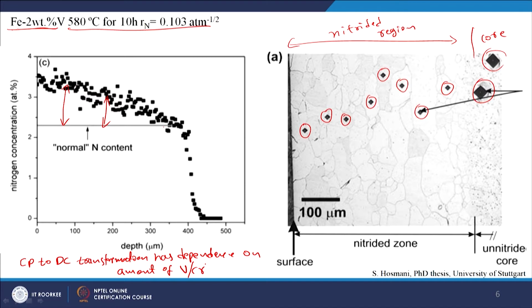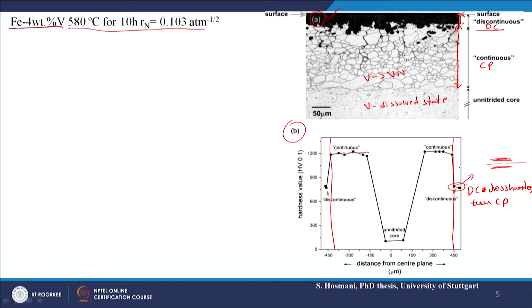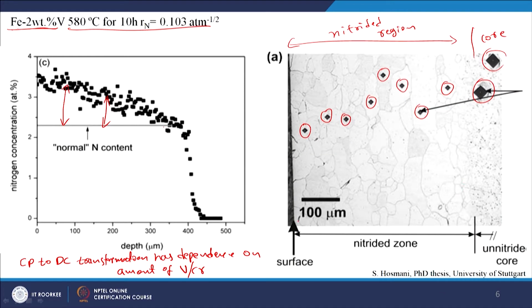As we have seen in the previous slide, the discontinuous coarsening decreases the hardness drastically. So, we would like to avoid this discontinuously coarsened region coming at the surface, because our whole intention is to get the highest hardness at the surface, right. So, it is important to optimize the chemistry and the conditions such that we will have the highest hardness at the surface.